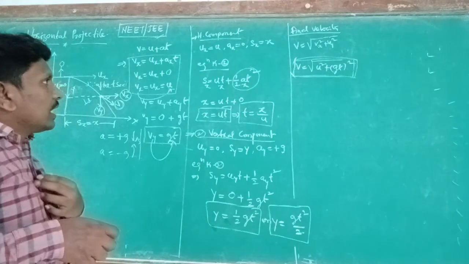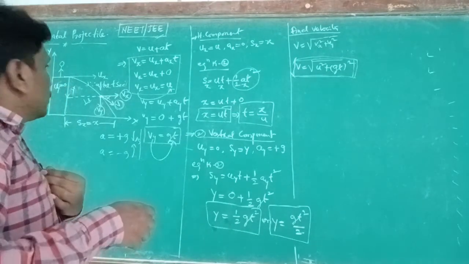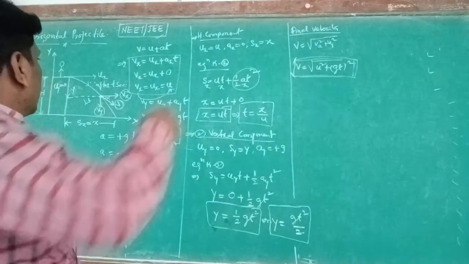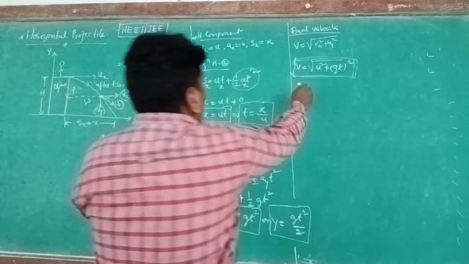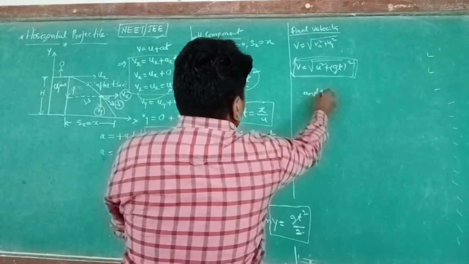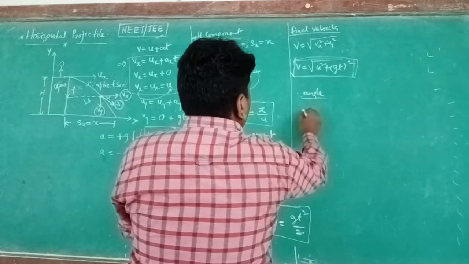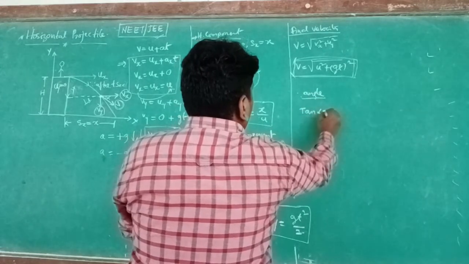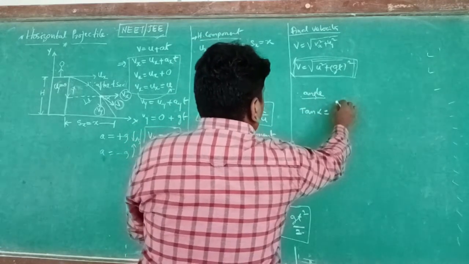Now what is the horizontal velocity? Okay, listen to me. Therefore, the angle: tan alpha is equal to vy by vx, we know that.